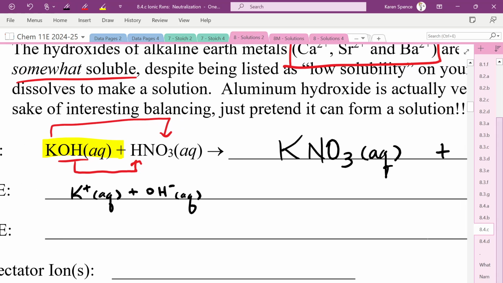Now we have an acid. What do you have to ask yourself when you come to an acid? Is it strong or is it weak? HNO3, is it strong or is it weak? It's strong, so we're going to split it apart.